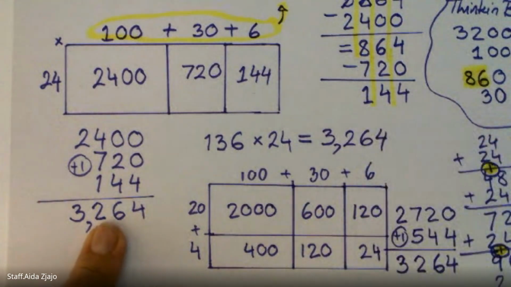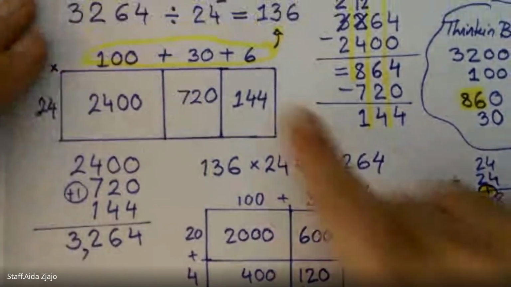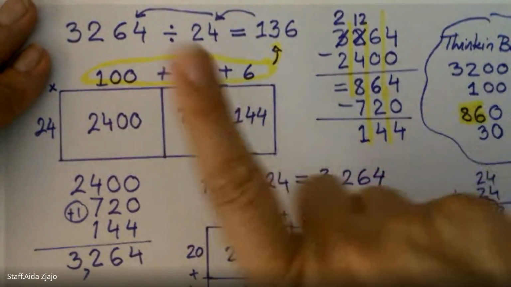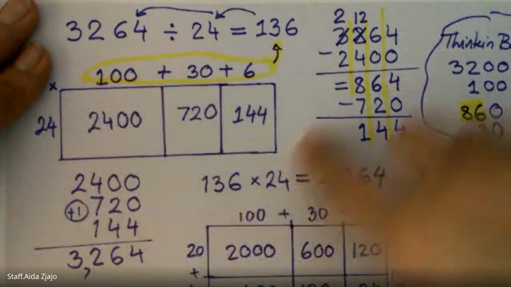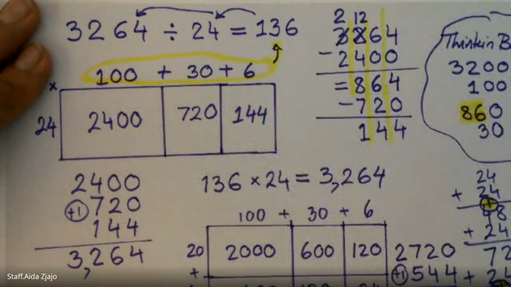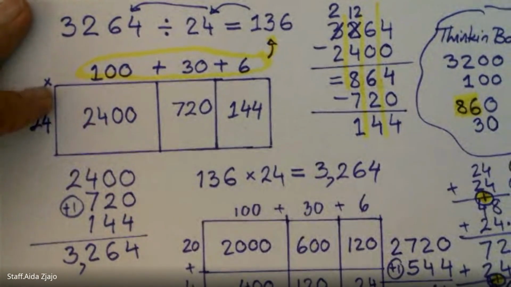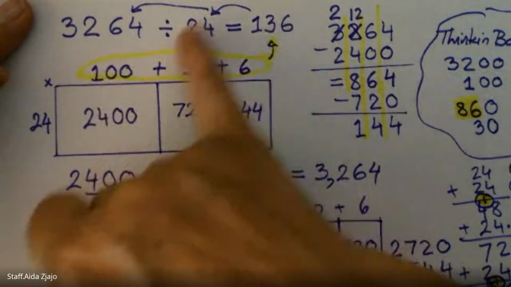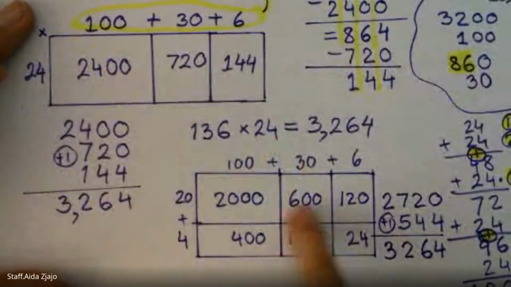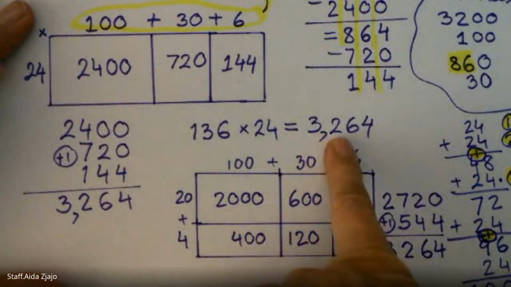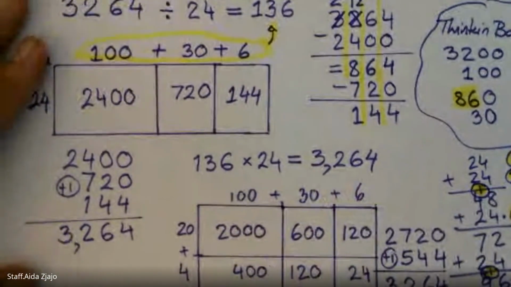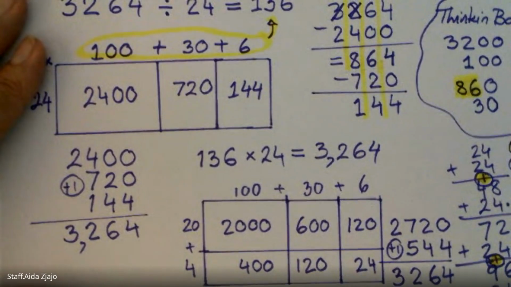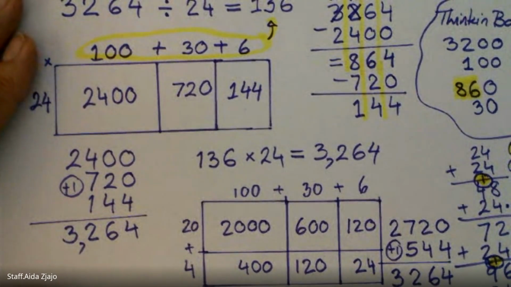Okay, so this is a division problem. So you open the area and you figure out the numbers that you're going to put inside the boxes. And if you'd like to check if your answer is correct, you're going to multiply your answer by 24. You can do that with the area model, but the number is going to be the same as the total, the highest dividend.